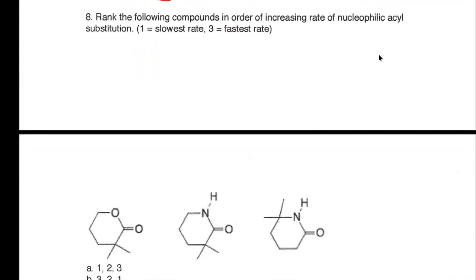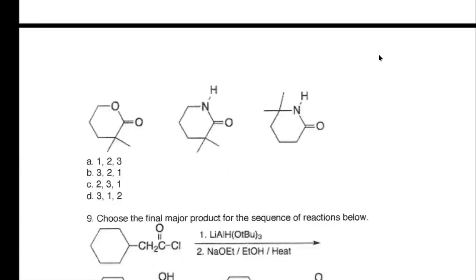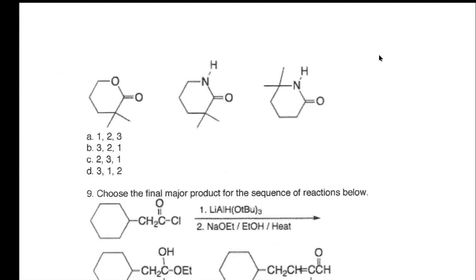So when we're talking about that question, we considered the stability of the leaving group. And you can consider the stability of the leaving group as well as the partial positive charge of the carbonyl in addition to steric hindrance, all right? But we'll talk about it as we go through the example here.